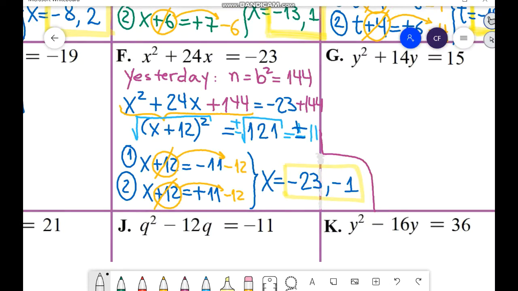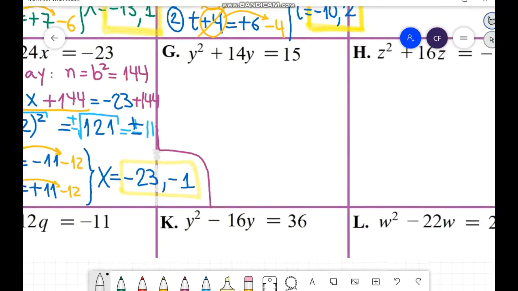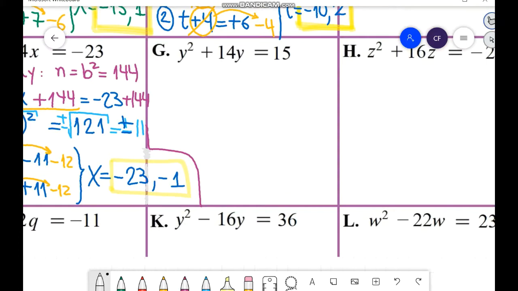And the other question is letter G. Let's work on letter G. Yesterday, we worked on n, and we found for this question, n equals b squared equals 49.